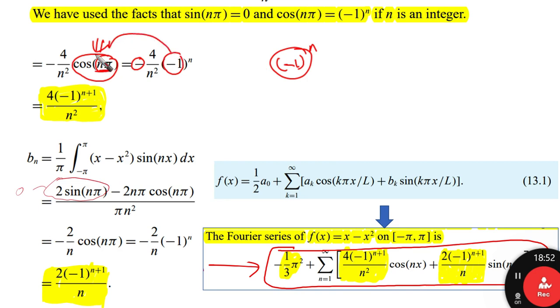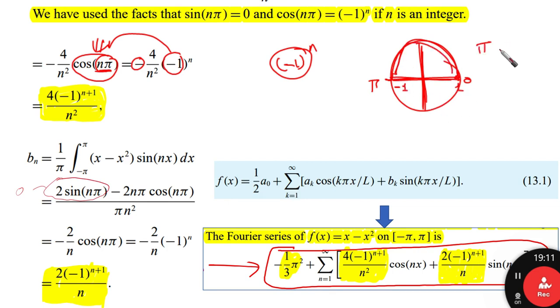It represents this, because if you remember this little circle here, we have 0 here and we have pi here. Whenever we are talking about cosine, as we said, this is minus 1, for example, and this is 1. So if it's 1 pi, then it is going to be minus 1, cosine pi.